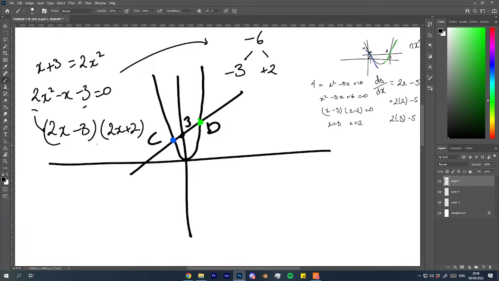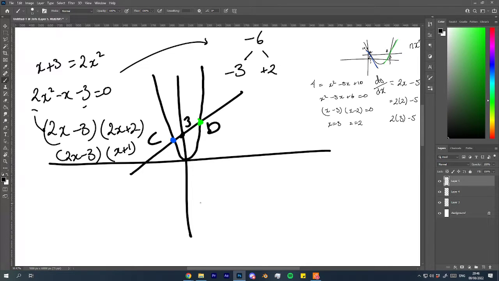I'm going to look for one bracket or even both. Most of the time it's one. Look for one bracket to simplify down if there is a common number. This right bracket here does, and I can make this into x plus 1. And this becomes 2x minus 3 times x plus 1.